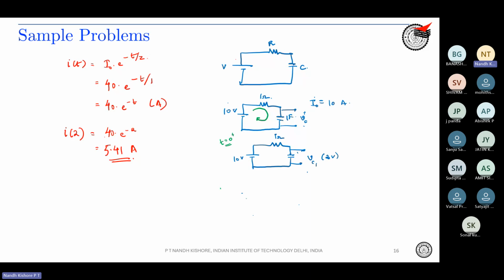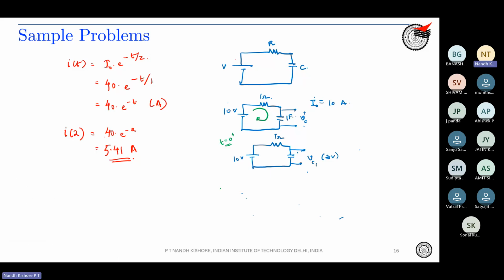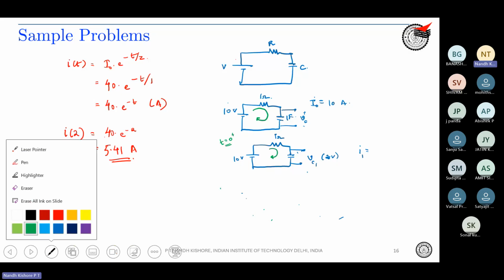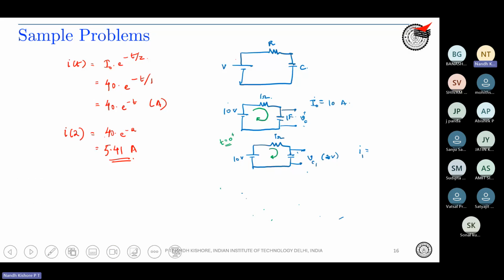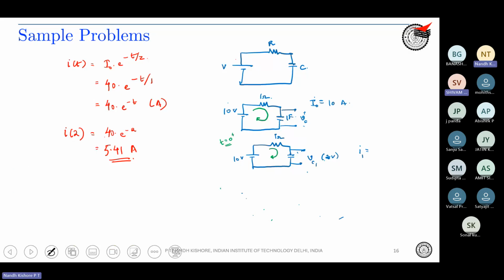After some time the voltage is 2 volts. Corresponding to 2 volts, what will be the current through the circuit now? There is 2 volts across the capacitor and 10 volts from the source.